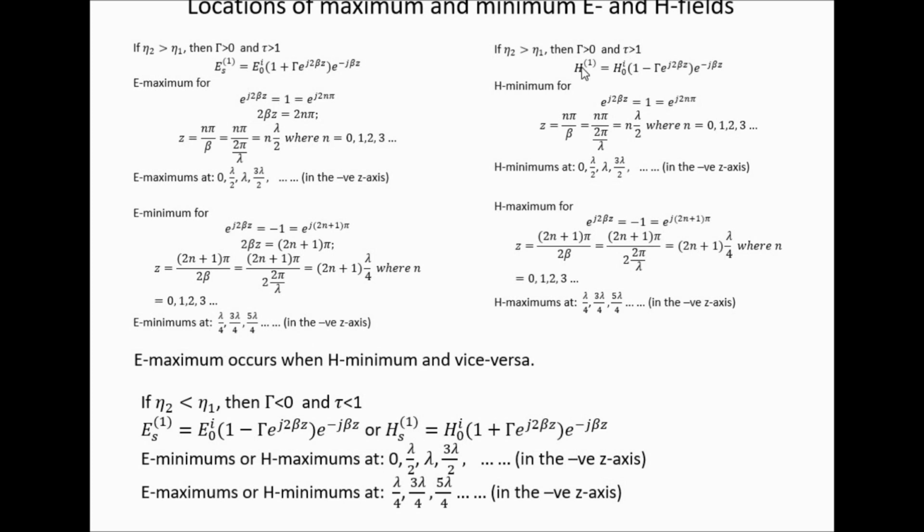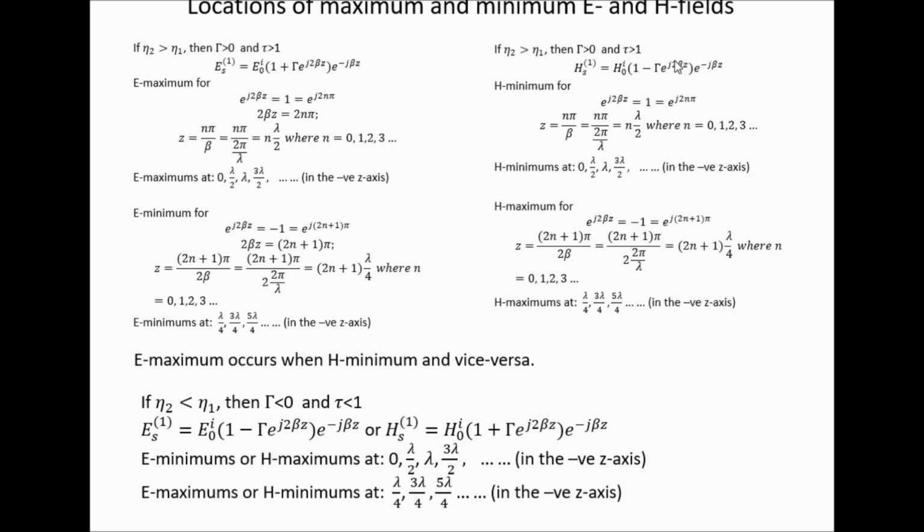So we can also find the minimum H field. So you see this is the electric field expression, this will be the magnetic field expression. So electric field expression got a plus here, magnetic field got minus here. So as it is minus, you'll get maximum if this value is negative 1, because negative 1 and this minus becomes plus, positive gamma.